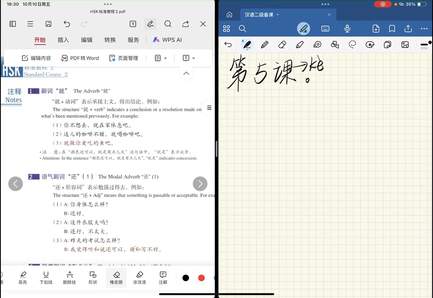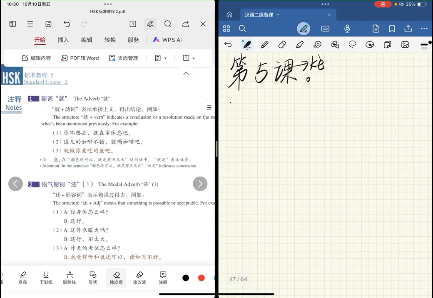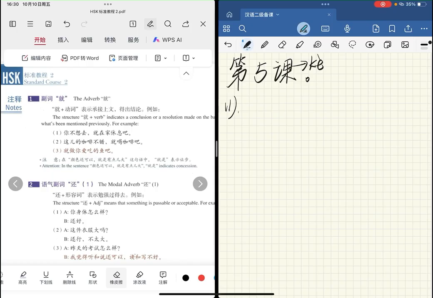Okay. The first one is the adverb 就, which has many uses, but today we will learn just one. 就 as a verb.